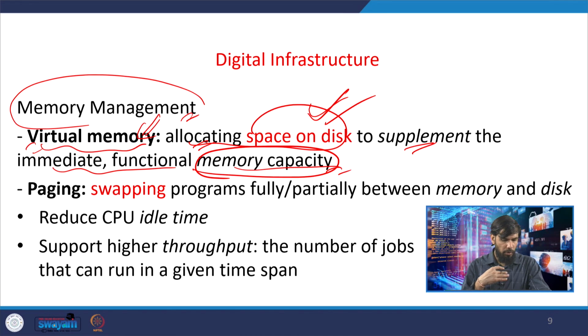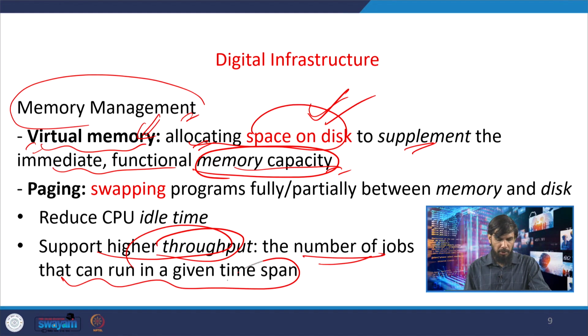Therefore, this supports higher throughput, the number of jobs that can run in a given time span, because of the virtual memory concept that is typically implemented in most OS memory management.